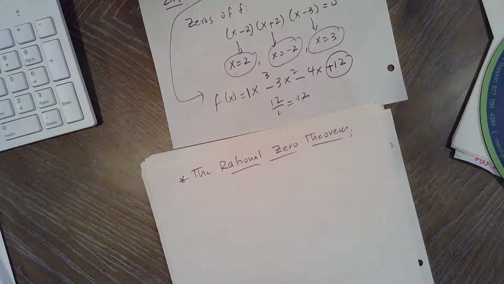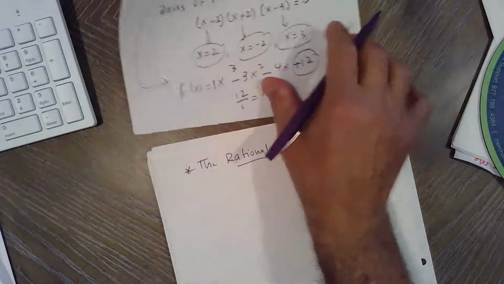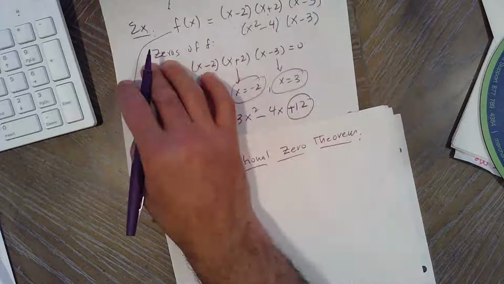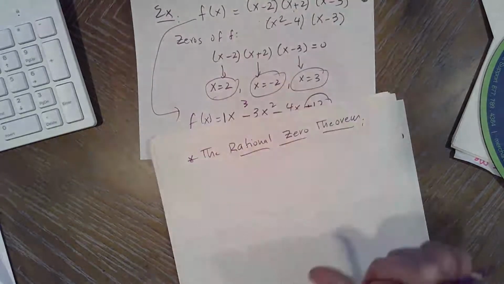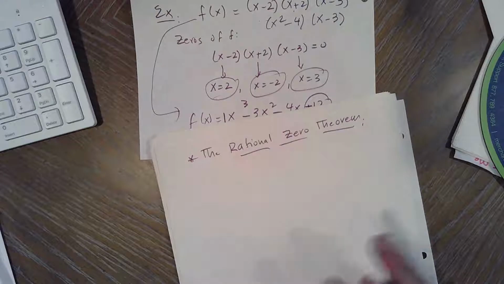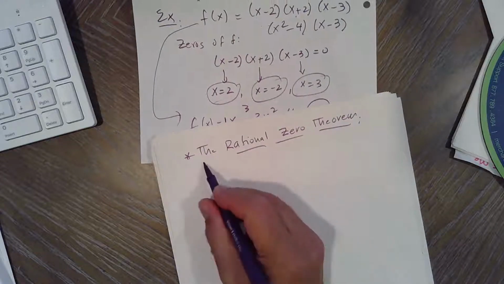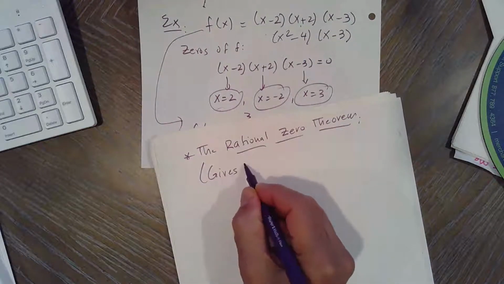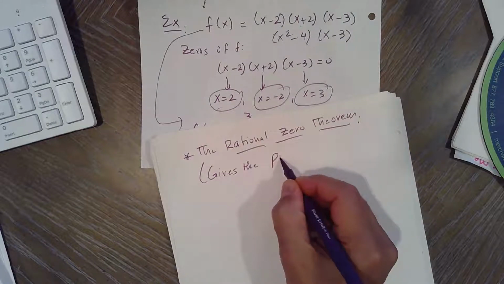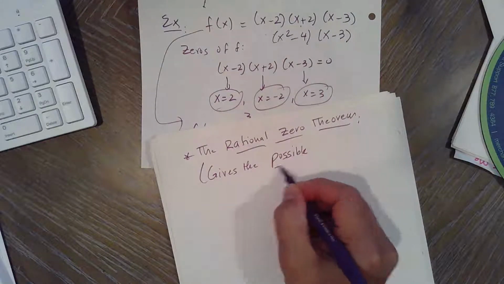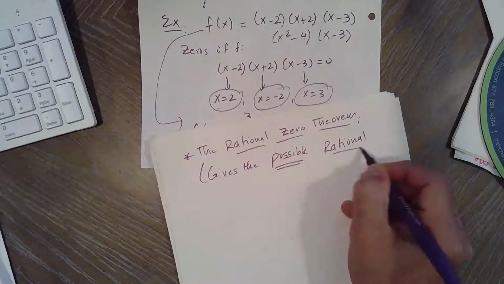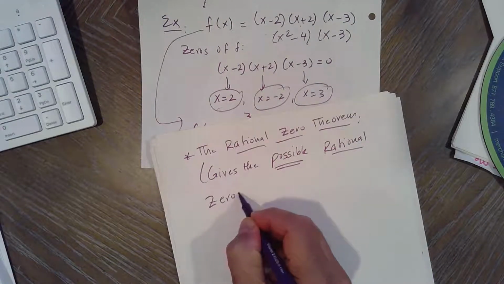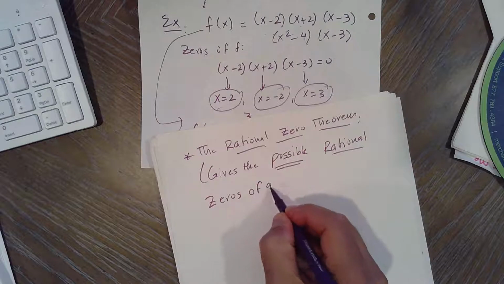It doesn't give me the exact rational zeros, but if I'm looking for zeros or x-intercepts that are rational numbers, I will look at that part, okay? So what is that part? Let me write it down: it gives the possible, and I want to underline that, possible rational zeros of a polynomial function.